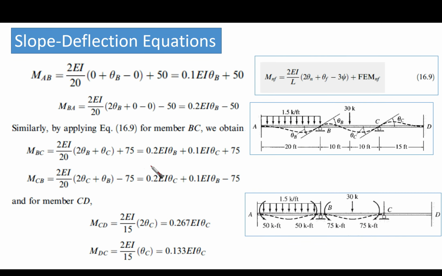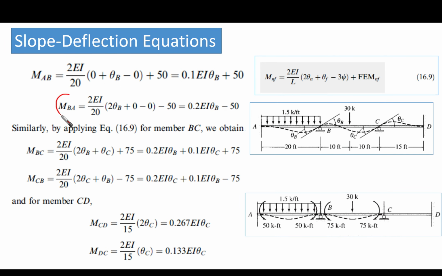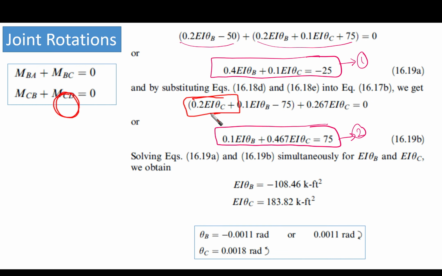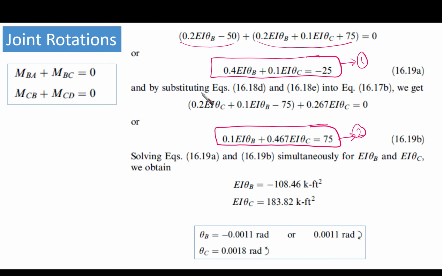Now we have MBA, which we obtained from here, equal to this amount with theta B. And we have MBC, which is 0.2 EI theta B and so on. The first term is MBA, and the second, third and fourth terms are MBC.